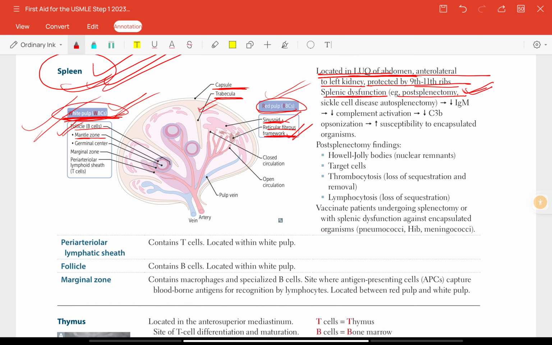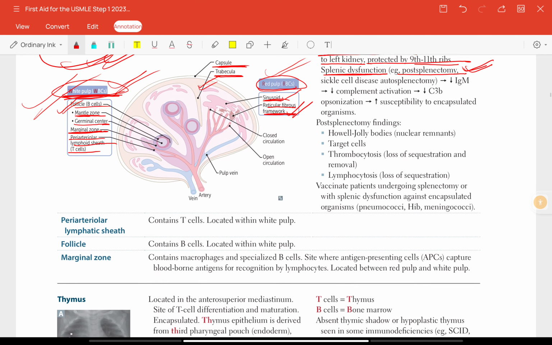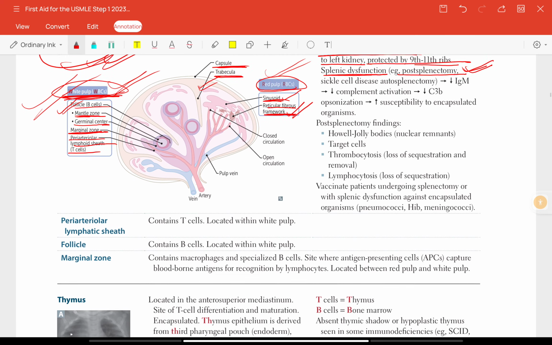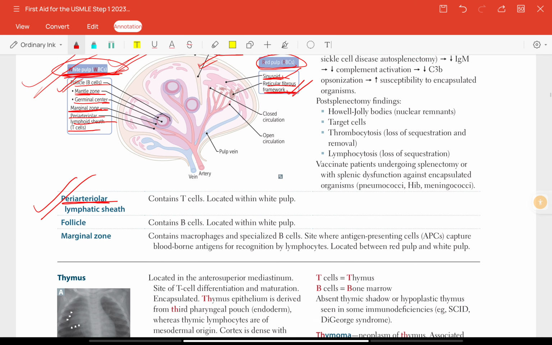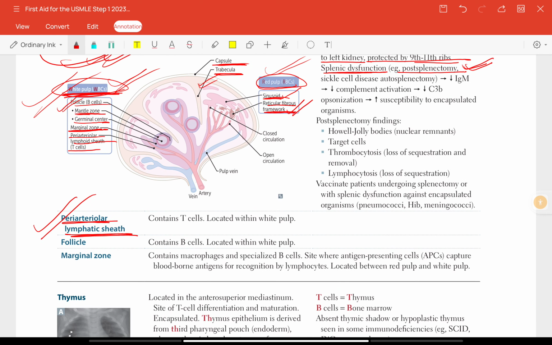The follicles have marginal zones and germinal centers. Similarly, there are the marginal zone and the periarteriolar lymphoid sheath, which consists of T cells. Here we can see the periarteriolar lymphatic sheath, which is a part of the white pulp.